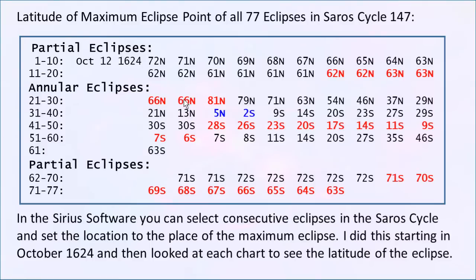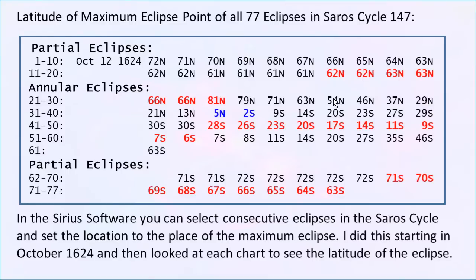From this eclipse, which is the 22nd eclipse in this cycle, it all of a sudden jumps up from 66 to 81 and then gradually comes down. And there are some big jumps along the way.